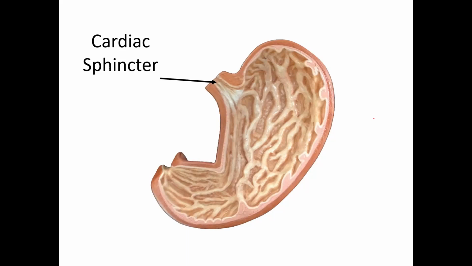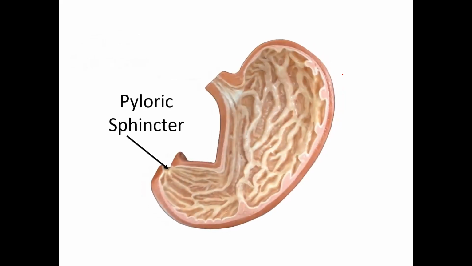So your esophagus attaches to this and it empties the food into the stomach. So the cardiac sphincter, again, will close off that opening there. Okay, so pretty much it's this region right here. That's the cardiac sphincter. Okay, so that's the entrance into the stomach.